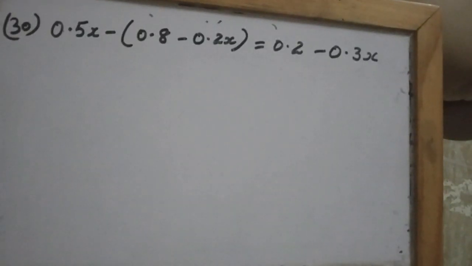Now question number 30, where you can see all the numbers are decimal numbers. So first of all, I will solve this sum as decimal numbers only. I will not convert them into fractions. You can convert into fractions, but let's solve this question by taking them as decimals only.